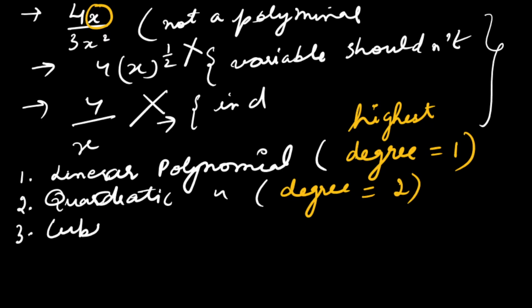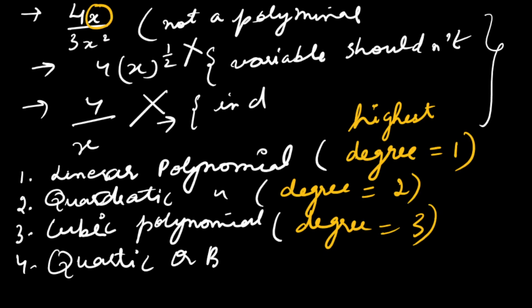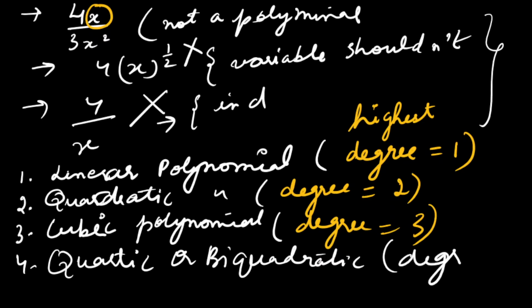Then we have the cubic polynomial, where the highest degree of the variable is 3. Then we have the fourth one, quartic or biquadratic, where the degree of the polynomial is 4.